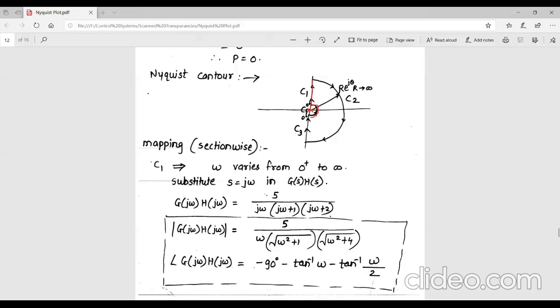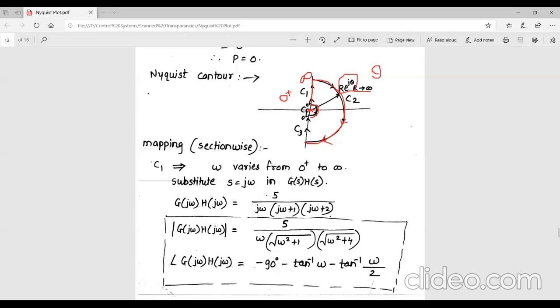This section is C1, which goes from 0 plus up to plus infinity. Section C2 will be this semicircle with R as the radius, but R tends to infinity, and R e raised to j theta is the representation of magnitude and angle. Theta will vary from plus pi by 2 to minus pi by 2 as the direction is clockwise. That we have seen in the last session as well.